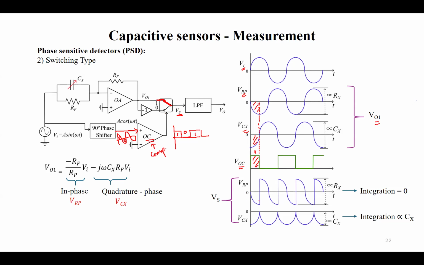That is shown here. So at Vs, the voltage corresponding to VRP will be maintained, and the voltage corresponding to VCX will also be maintained.